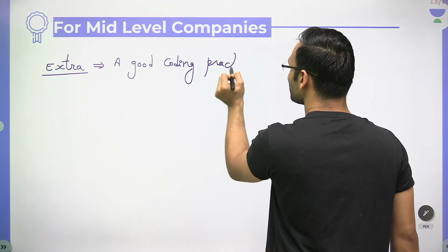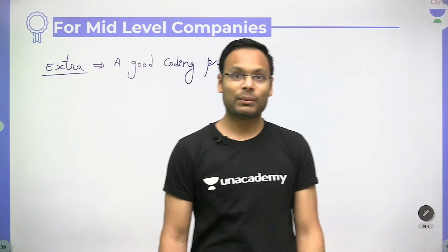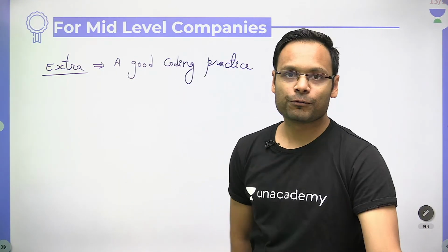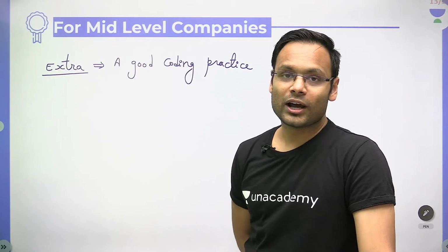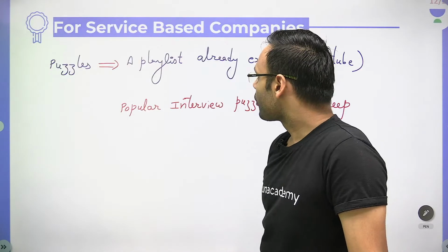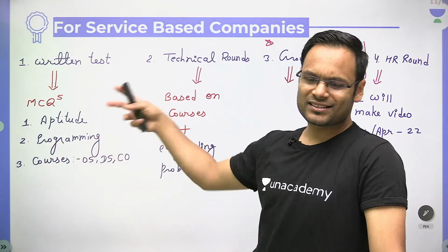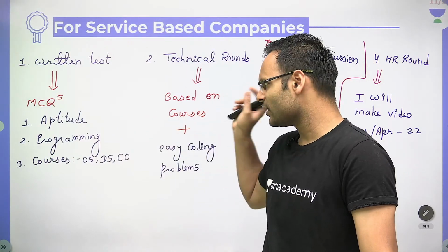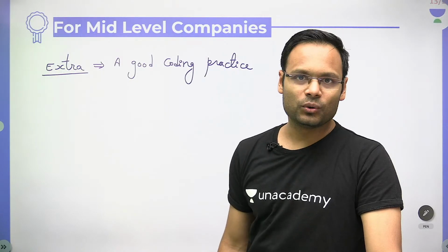Sometimes they may ask you data structure coding also. Sometimes they may ask some kind of computer-based coding test also. So you'll have to have good coding practice apart from whatever you are doing, from basics, operating system, COA, data structures, etc. That's it. That is the only extra thing.